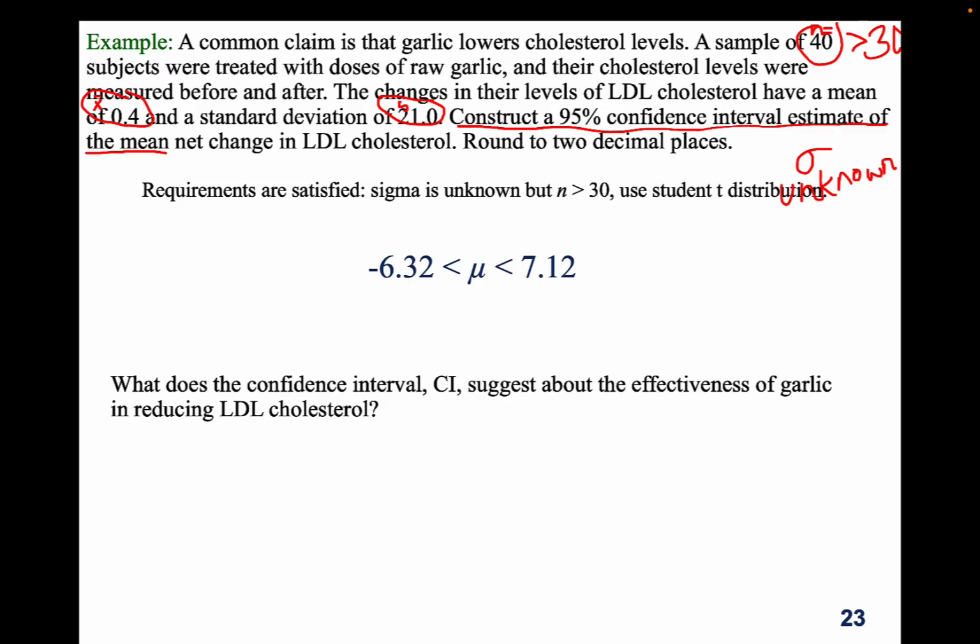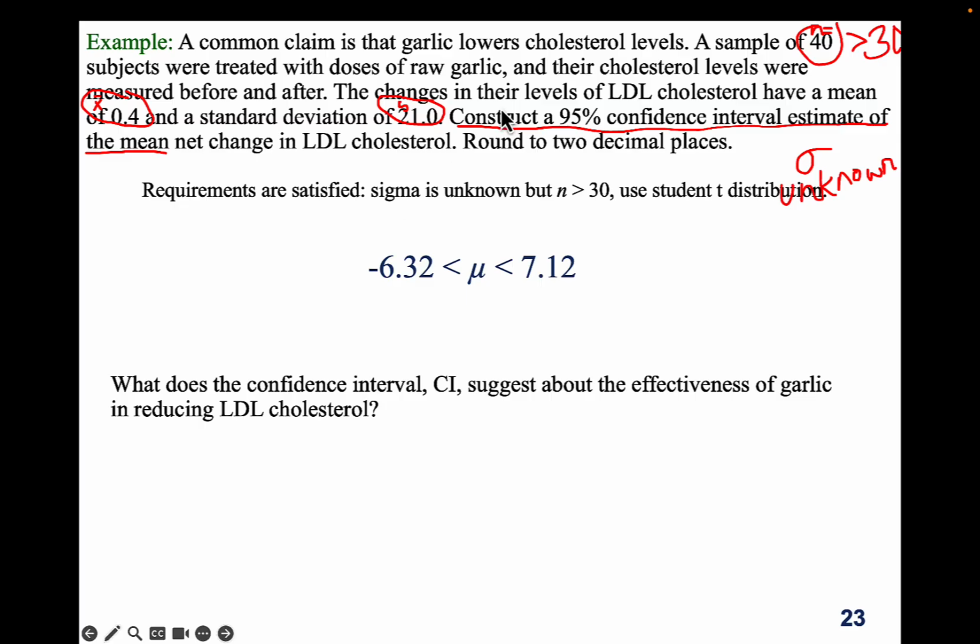We're now asked, what does the confidence interval, CI, suggest about the effectiveness of garlic in reducing LDL cholesterol? Well, if I'm looking at this interval here, we've got negative over here, we've got positive on the upper end, which means 0 is in this interval. 0 is the only number that represents no change.